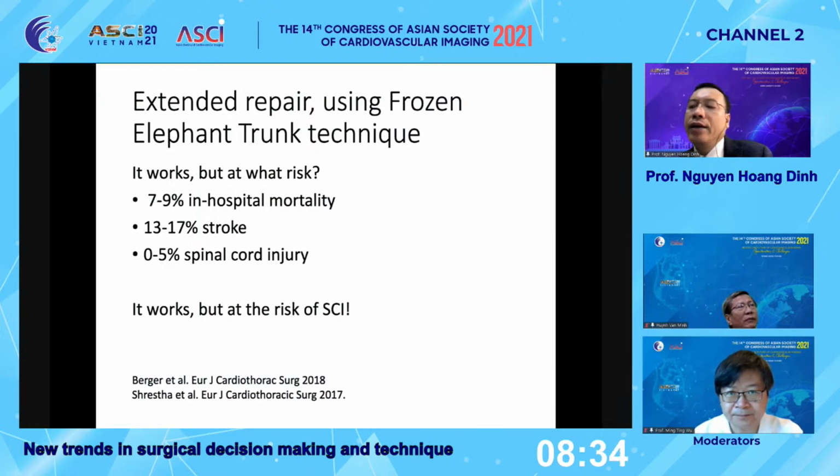Since not all patients survive to late follow-up or have a residual dissection downstream after hemi-arch repair, a frozen elephant trunk strategy for all patients may, in our opinion, put more patients at immediate risk than may benefit in the longer term.